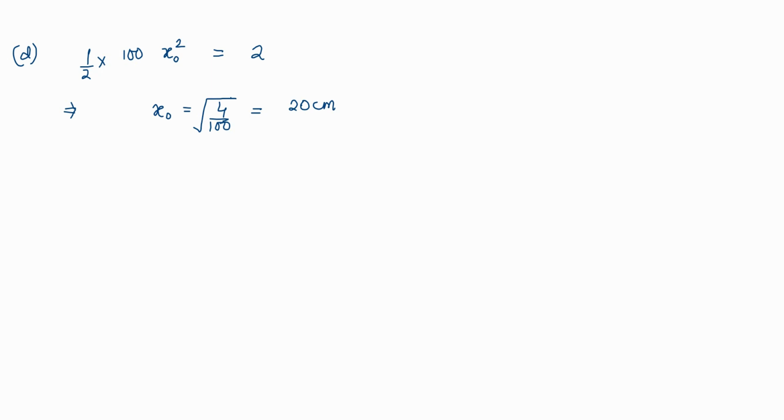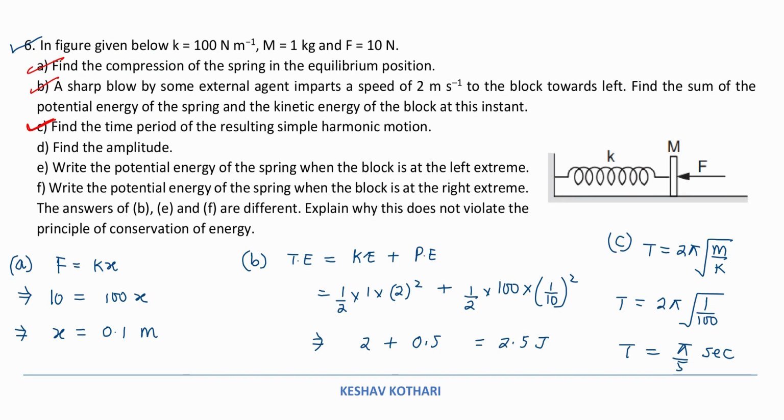Now in the E part, the problem is asking: find the potential energy of the spring when the block is at the left extreme, and in the next part it is asking the potential energy when the block is at the right extreme. So it is very important to understand that when the block is moving towards the left, there is energy which is imparted due to impulse.